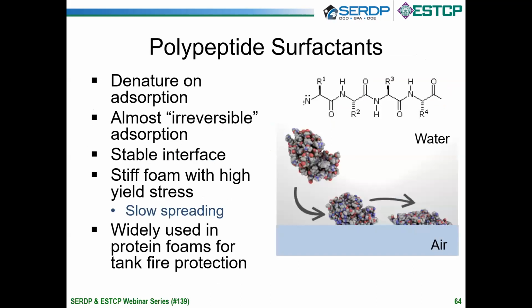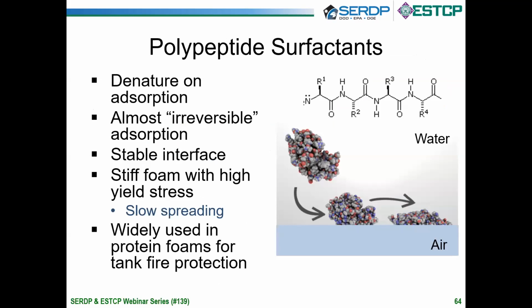Another type of surfactant that's also used, which is surface active, is a polypeptide, commonly known as a protein type foam. Polypeptides in solution again have hydrophobic and hydrophilic portions, and arrange themselves in a structure so that all the hydrophobic bits are inside, away from the water.